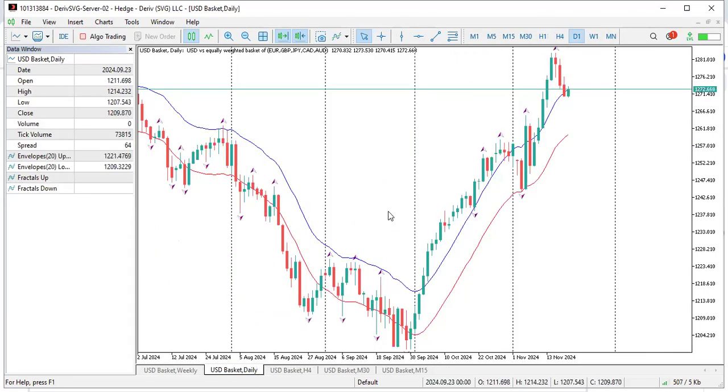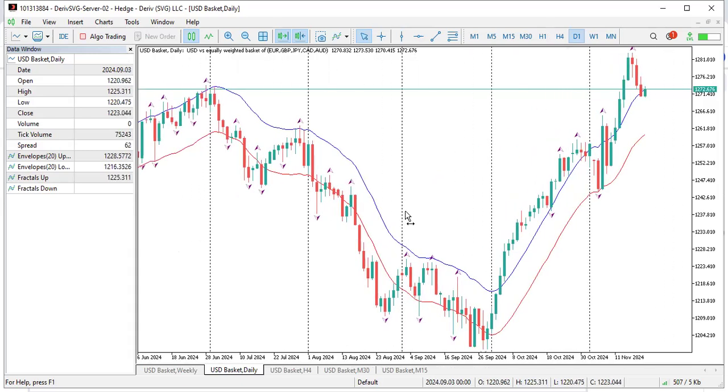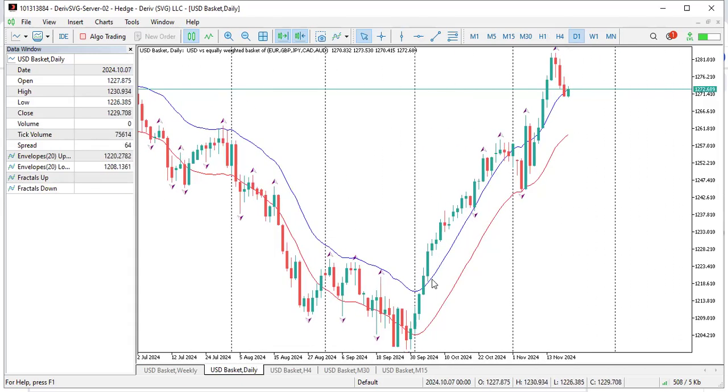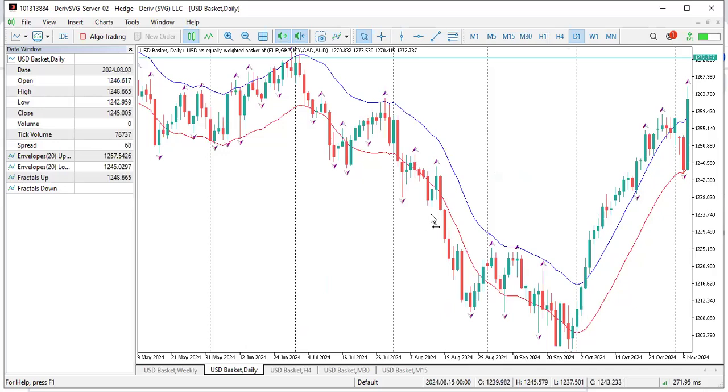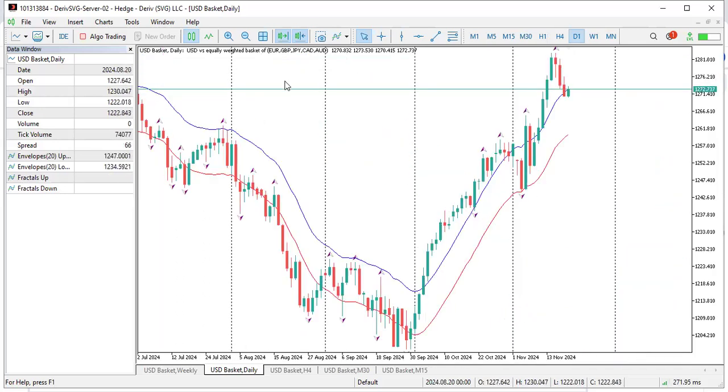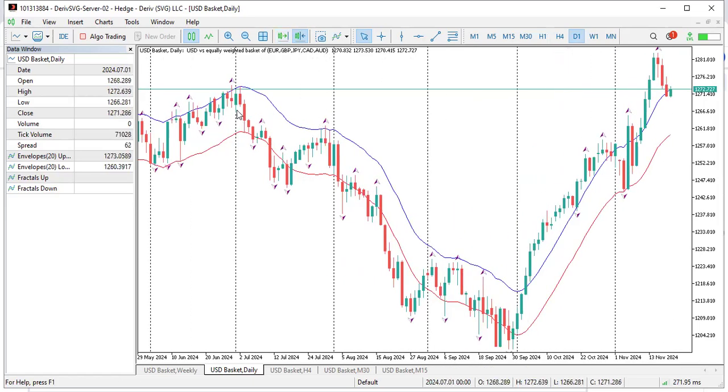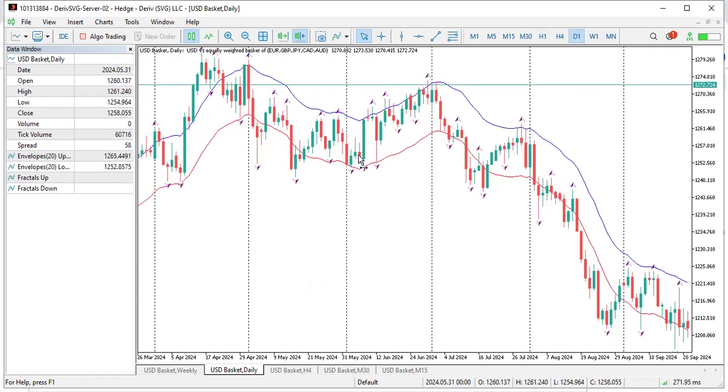All right, so we could see something like this. This is called an envelope, right? And we could simply say, as long as price is above this lower boundary, then we are looking to buy. As long as price is below this upper boundary, we are looking to sell, right?